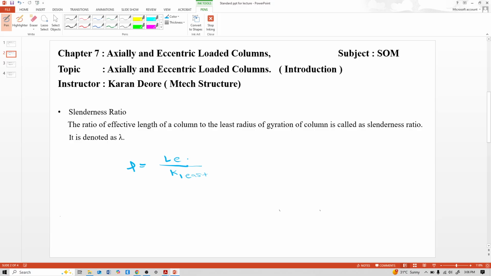What is radius of gyration? In short, remember the formula of radius of gyration: K is equal to the square root of I upon A.